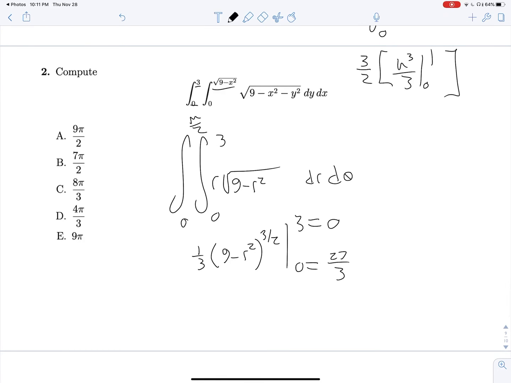So negative 27 over 3, negated, gives 27 over 3 multiplied by pi over 2 because we don't have any thetas to integrate over. And we are going to get 27 pi over 6, which is the same thing as, let's divide everything by 3, 9 pi over 2. And we're done.